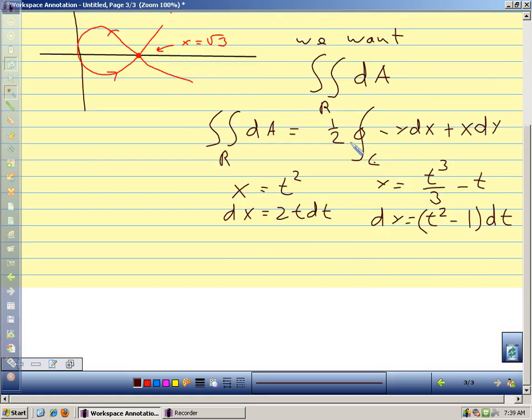So we're going to substitute these into this line integral and evaluate it.